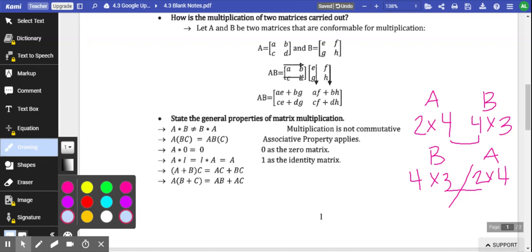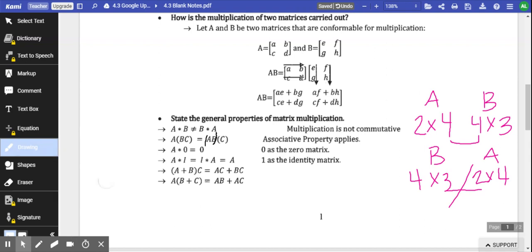The associative property applies because I can group them any way I would like. This is supposed to have A, B in parentheses, not C, but you'll get the gist. And the zero matrix we talked about a little bit on Friday is still fine. You get the zero matrix.